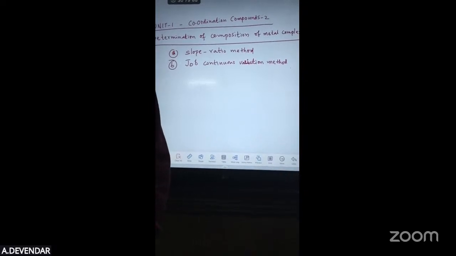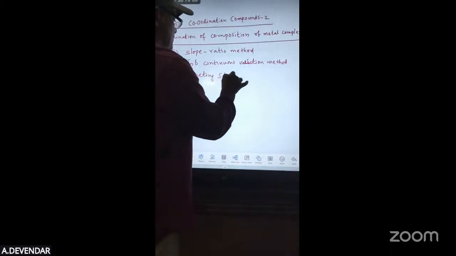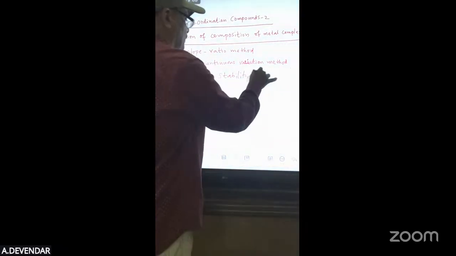The next main important topic is factors affecting the stability of metal complexes. Here there are 4 factors.